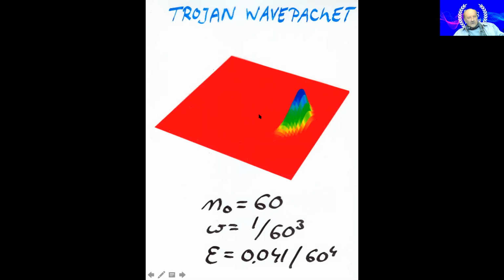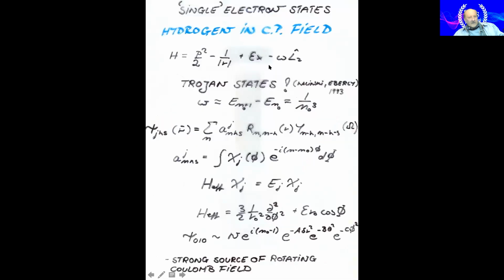Okay, so let me revise a simple theory of it. The theory actually was not so simple when we were generating it, but now in the context of other problems, we see that this is a Stark-Zeeman problem.